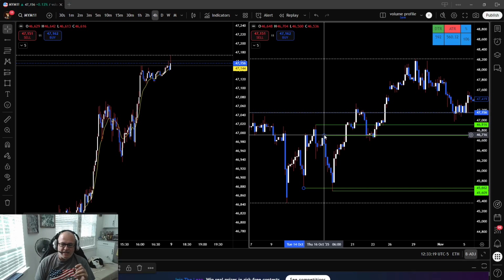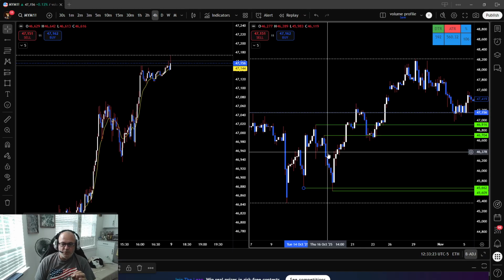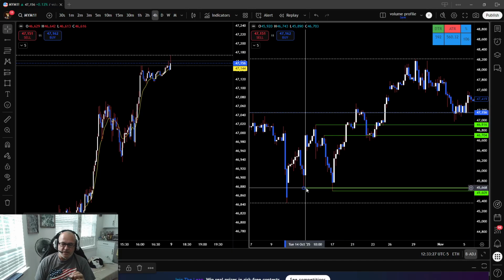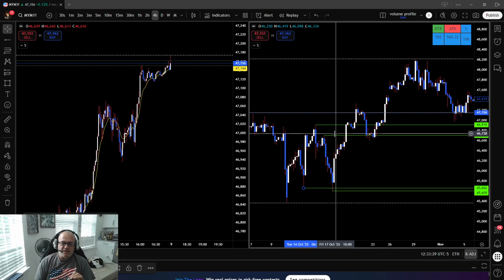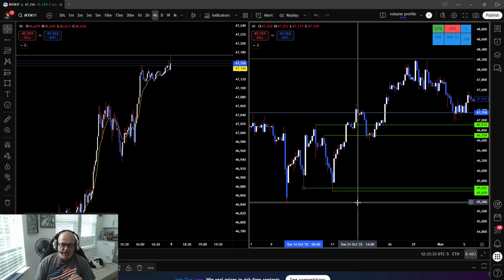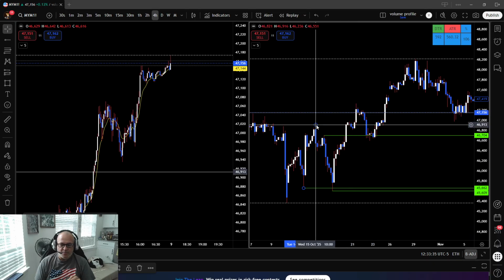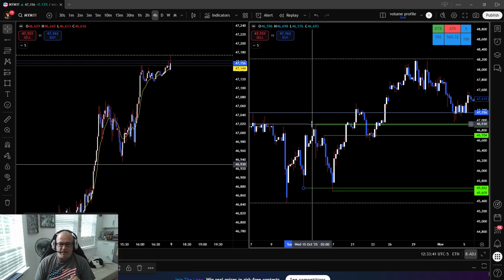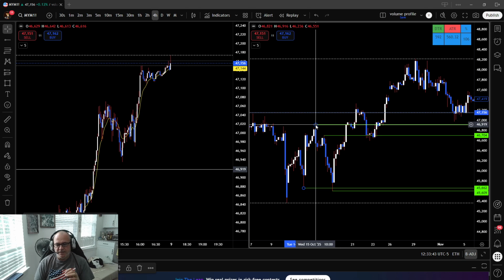This swing high is not the one I'm looking for, because this was only the push down to sweep this liquidity. We could come up and break above this swing high, roll over and fall back down and not break structure. It's internal structure, but this is going to be external structure.